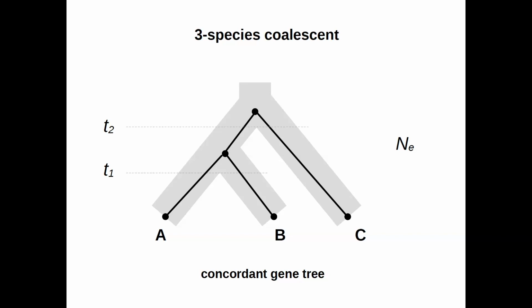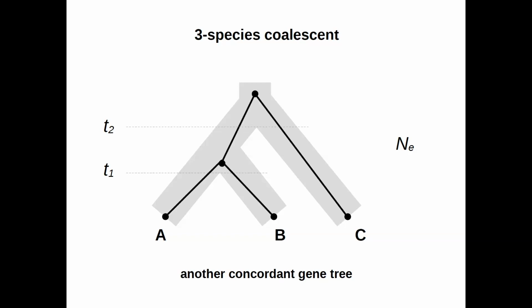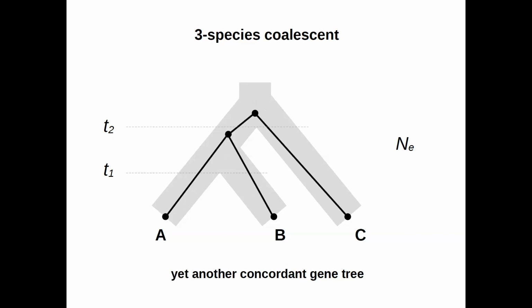Another important thing to note is that this process of coalescence is stochastic. The coalescence between A and B and between A, B, and C could have happened at different time points. So if you move from one locus to another, you expect to get this kind of variance in branch length among gene trees, even though they share the same topology.